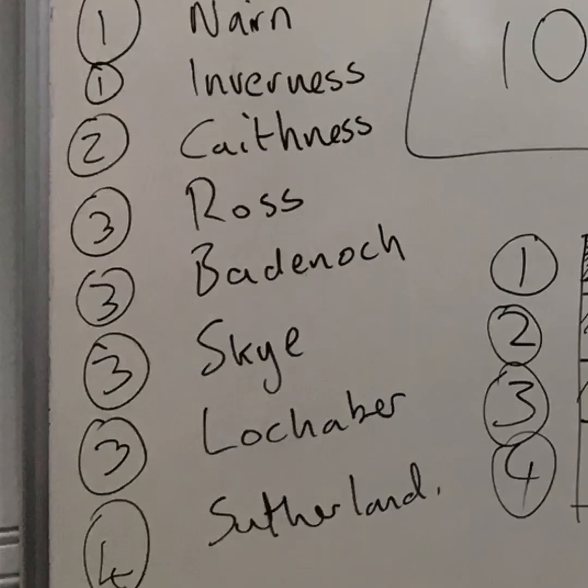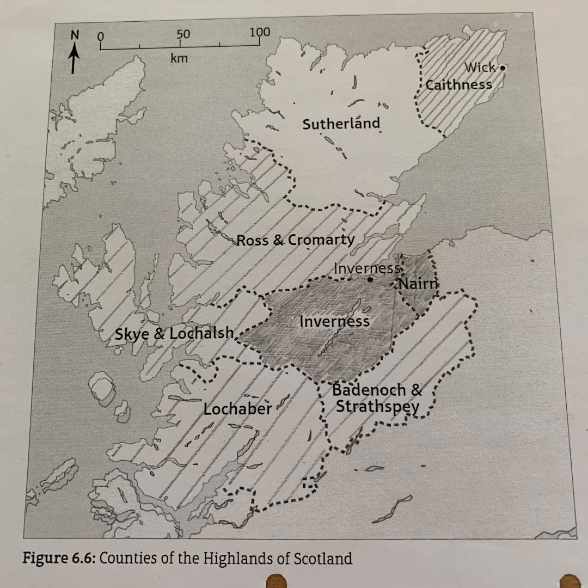And there's our list of places number coded to say how they're going to fit in to our key and colouring. So here's our completed map with the shading, and we can see that the areas of the darker shading there are Nairn and Inverness. Sutherland has the lowest values, and then we've got the other counties being shown.